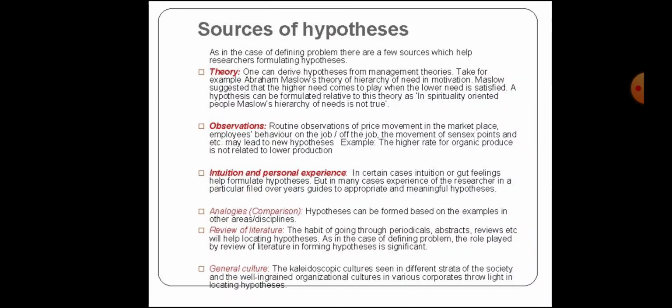A hypothesis can be formulated related to this theory, such as: in spirituality oriented people, Maslow's hierarchy of needs is not true. Observation. Routine observations of price movement in the marketplace, employees' behavior on the job, the movement of Sensex points, etc. may lead to new hypotheses. Example: the higher rate for organic produce is not related to lower production.